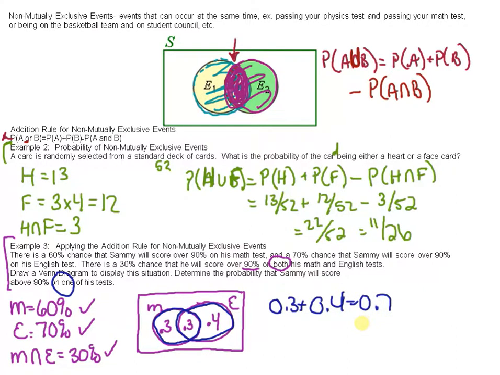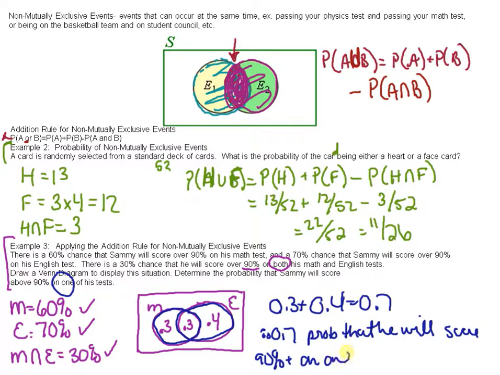Okay, so there's a 70% chance that he will score over 90% on only, like solely, one of his tests. Therefore, 0.7 probability that he will score 90% plus on one of the tests.